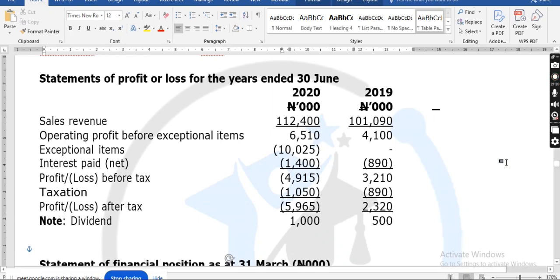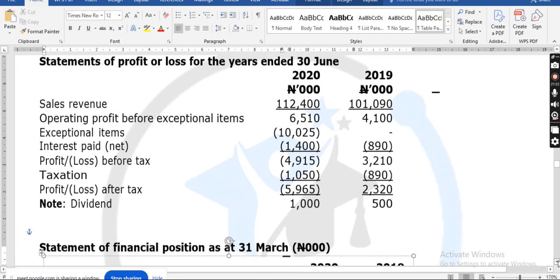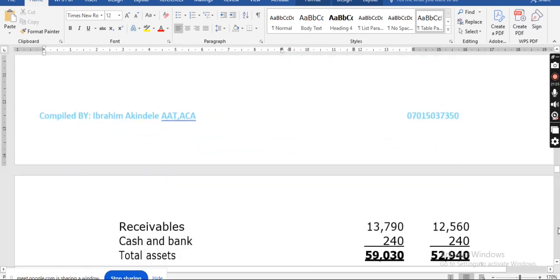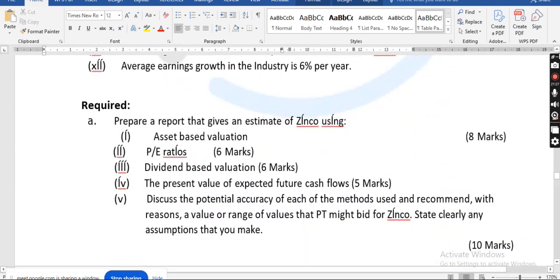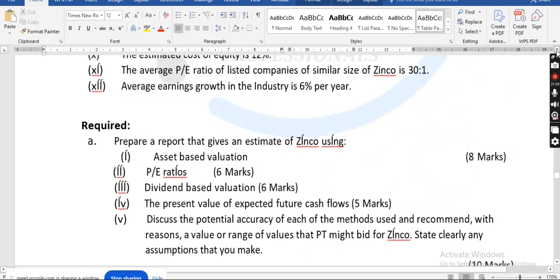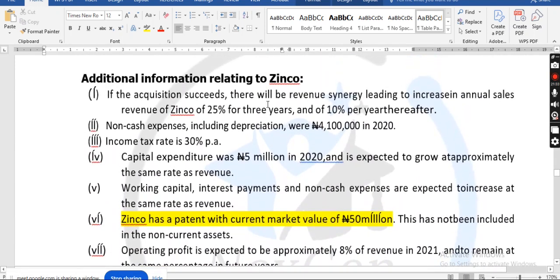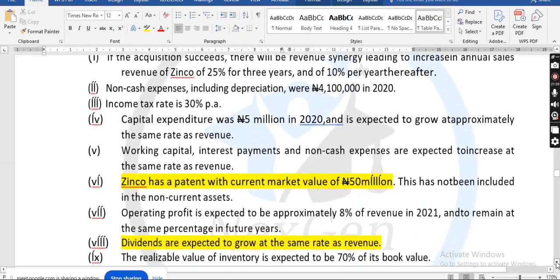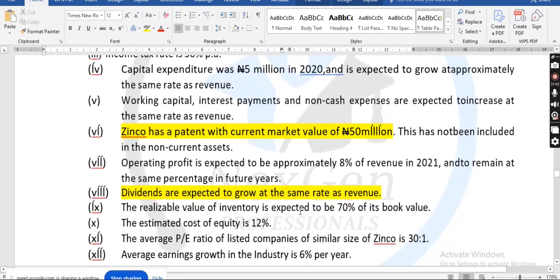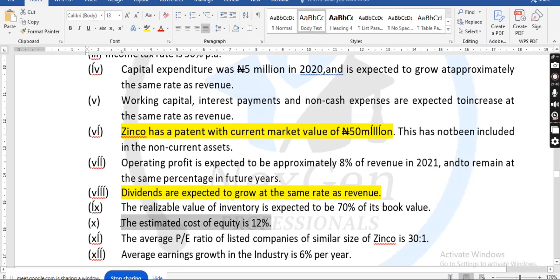Now, after that, what happened again? In the additional information, we're told that, don't forget, since what you were given in this question is the estimated cost of equity, something should come to your mind, right?